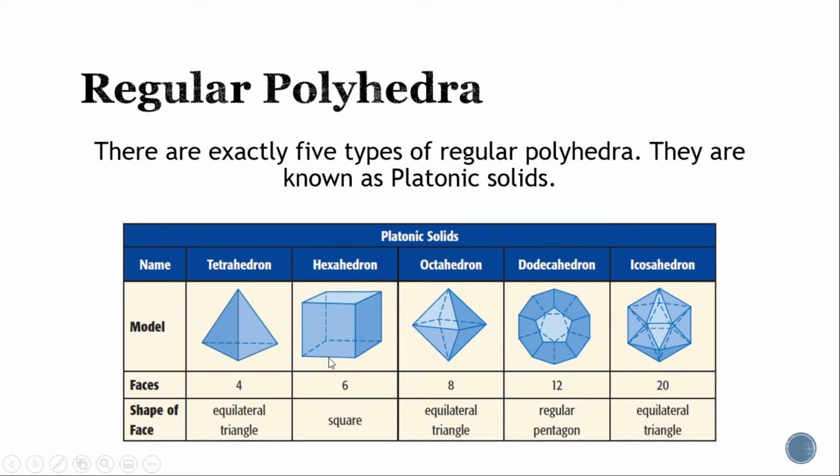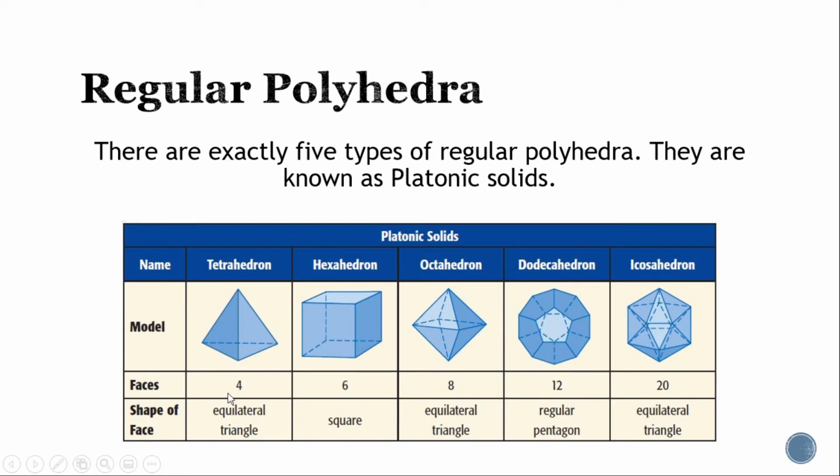So tetrahedron will have 4 faces. Hexahedron will have 6 faces, sorry, not sides. 4 faces on tetrahedron, 6 faces on hexahedron, 8 faces on octahedron. Dodecahedron is going to have 12, and icosahedron is going to have 20.